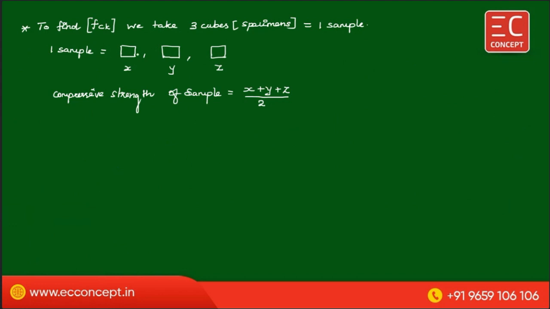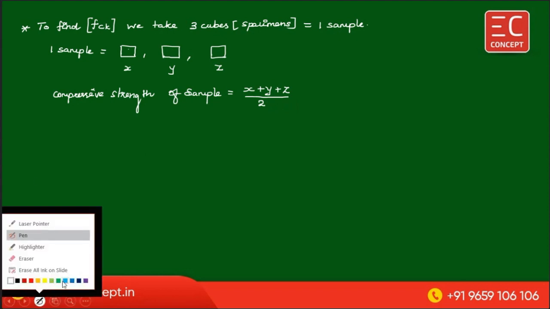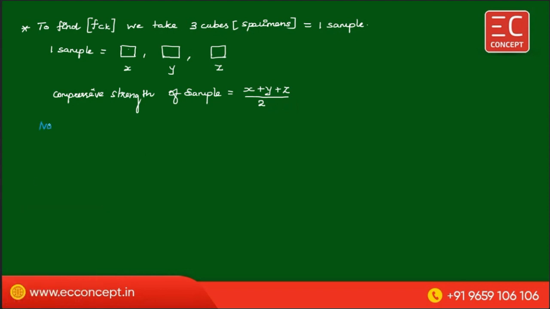If we take the 3 cubes and the cubes have different strengths, in order to find the sample strength, we have to add these 3 strengths, so that we will get a sample strength, not a specimen strength. Now the code says, note, this is also an important examination question.